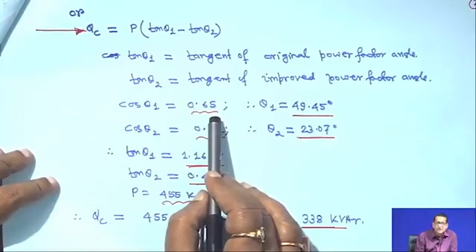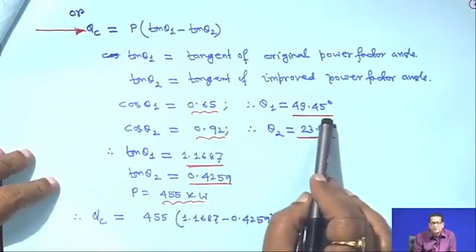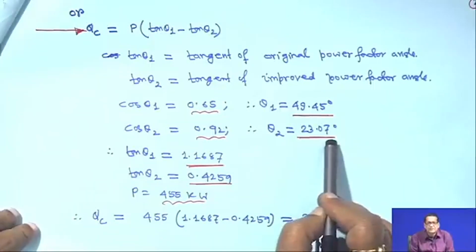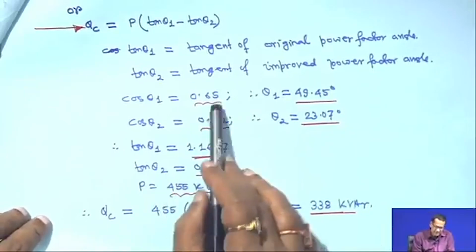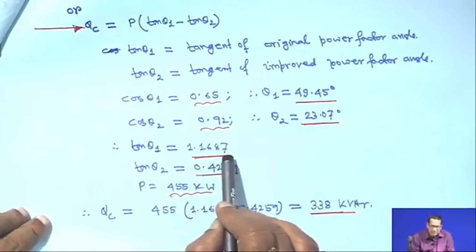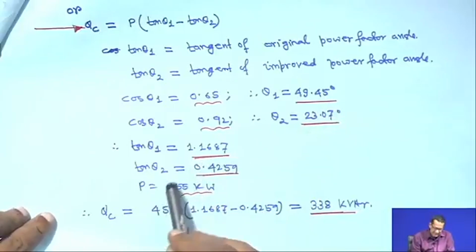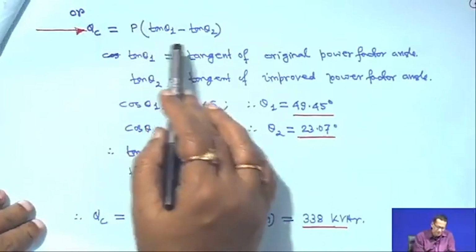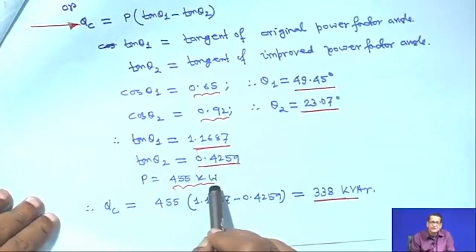So, cos theta 1 is 0.65, so theta 1 is 49.45 degrees. Cos theta 2 is 0.92, so theta 2 is 23.07 degrees. If you take tan theta 1, that is tan 49.45 degrees, it is 1.1687, and tan theta 2 is equal to 0.4259. So, you substitute here P is 450 kilowatt, that is given.